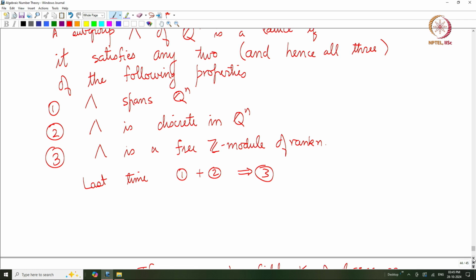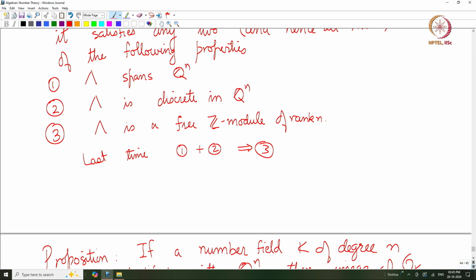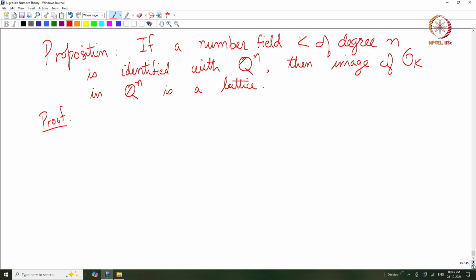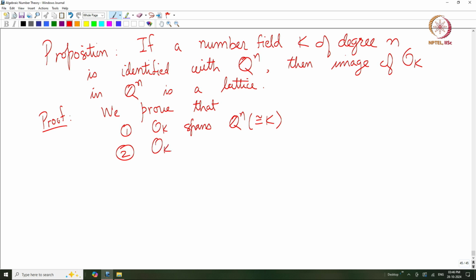So, we prove that 1, O_K spans Q^n, which is K, and 2, that O_K is discrete in Q^n. So, we will not prove the thing about its rank, that will be the corollary of these two things.